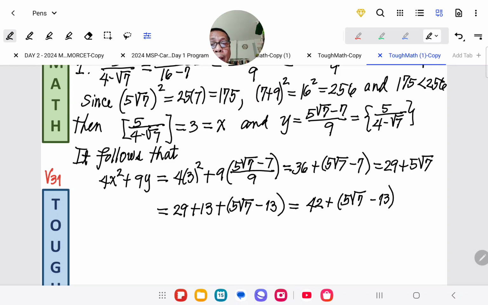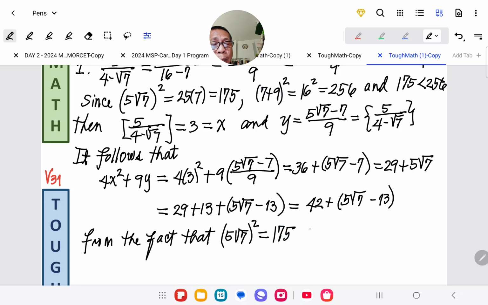So here we add 13 and then subtract 13 because we are using the test that we have introduced in video number 27, from the fact that 5 square root of 7 squared is equal to 175, and 13 plus 1 squared, which is 14 squared, which is 196.